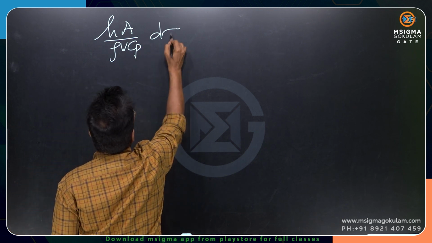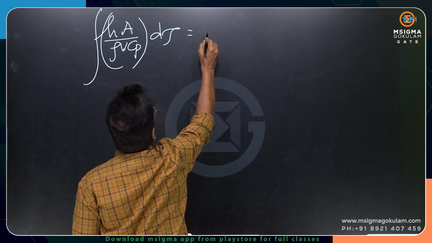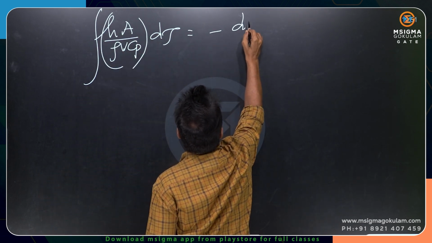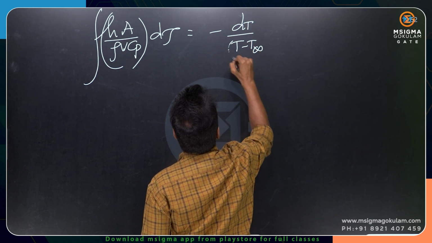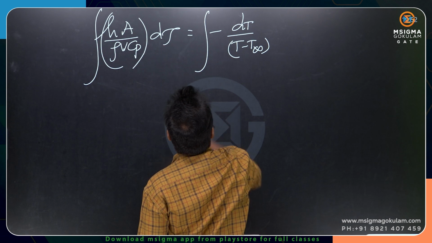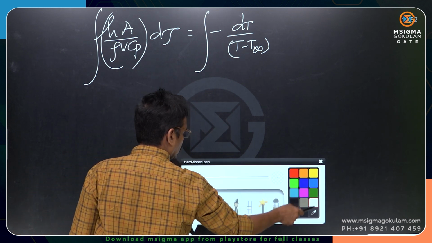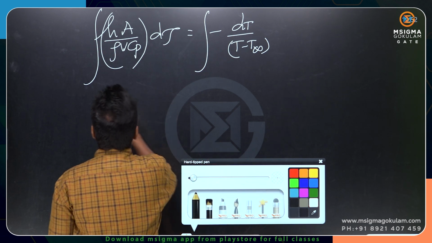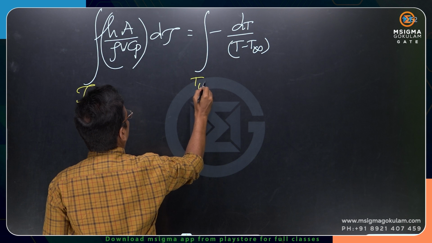Now we could integrate that. Minus dT by T minus T infinity integral. What limits for the integral? Tau is equal to 0 seconds, correspondingly Ti.